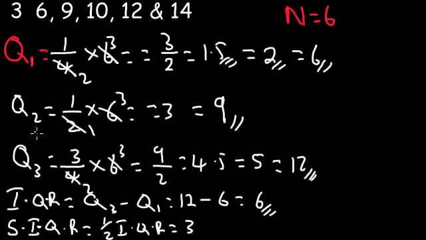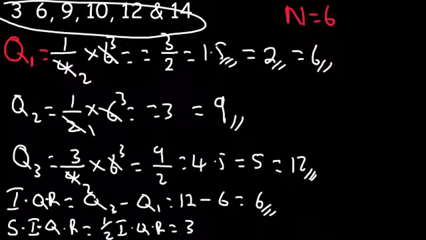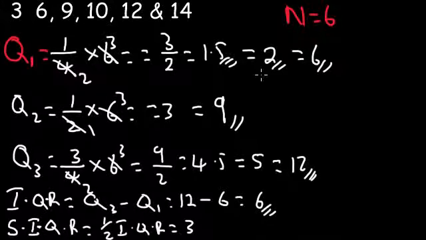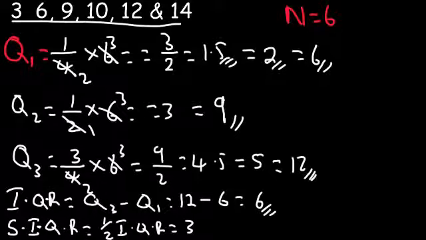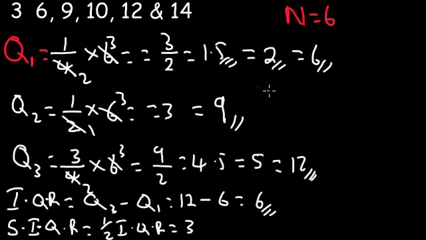Now what about outliers? Can we know if any of the distribution is an outlier? Yes, we can. So let's see if any of this distribution is going to fall outside this range. We are considering Q1 minus IQR times 1.5 all the way to Q3 plus IQR times 1.5.